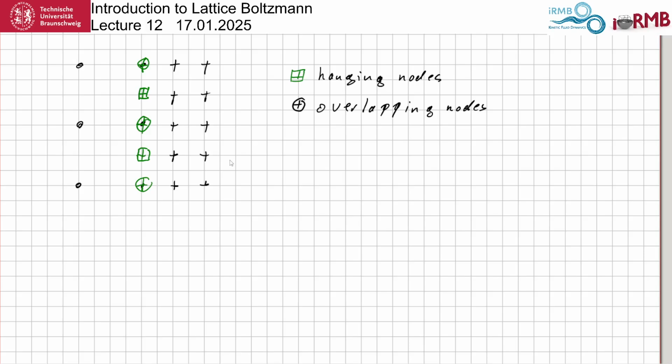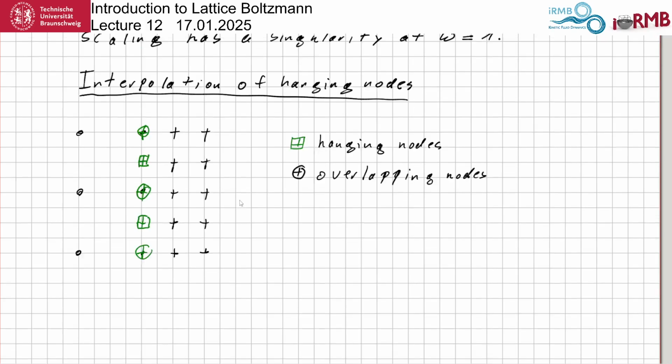So the stencil, okay, I need a little bit of space. Let me see. I put it around here. So say this is my hanging node, which I'm intending to interpolate.